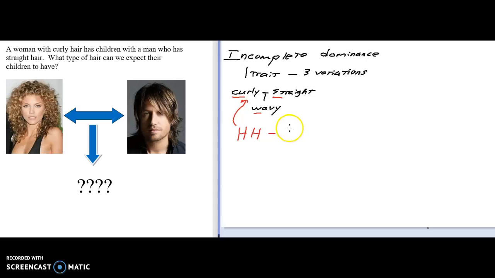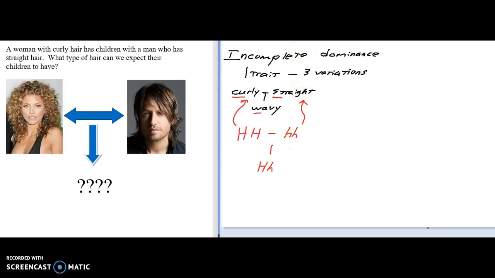But I'm going to give him little h, little h. This is just to designate that he has straight hair. It does not designate dominance or recessive. And then the wavy-haired offspring would be big H, little h. They're the combination of these two individuals. Okay, so that's one way to represent an incomplete dominance scenario.